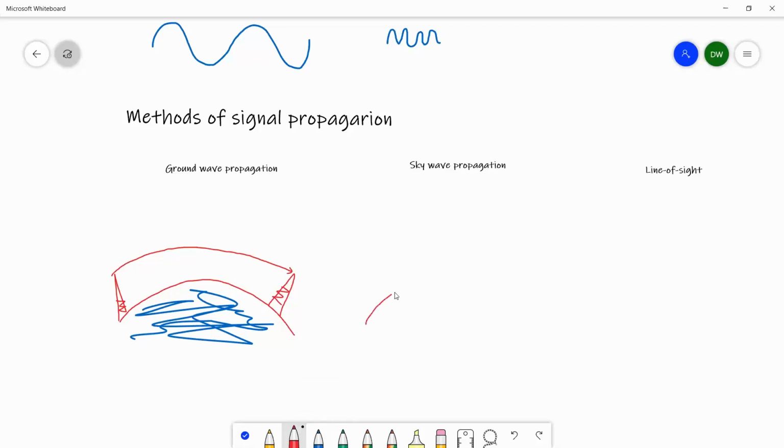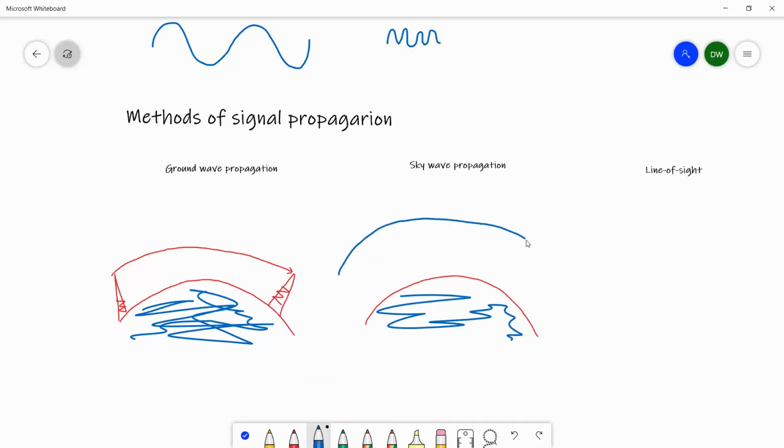What happens in sky wave is when we draw earth like this, here we know up there we have something called ionosphere. We have ionosphere here. Right?